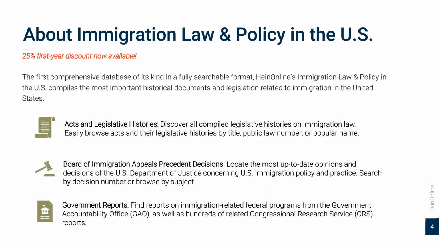So in the Board of Immigration Appeals decisions, you can find the most up-to-date opinions and decisions of the Department of Justice. It includes the opinions and orders of the Attorney General, the Board of Immigration Appeals, and the Commissioner of Immigration. Then government accountability reports: you're going to find different reports on immigration related federal programs.